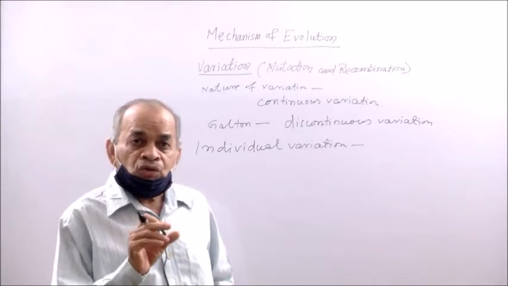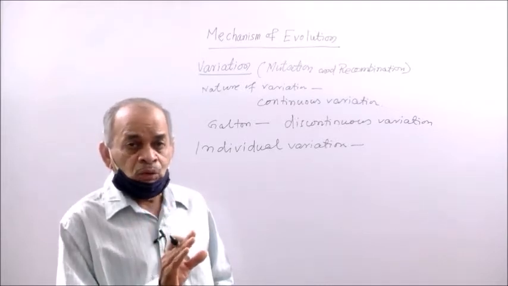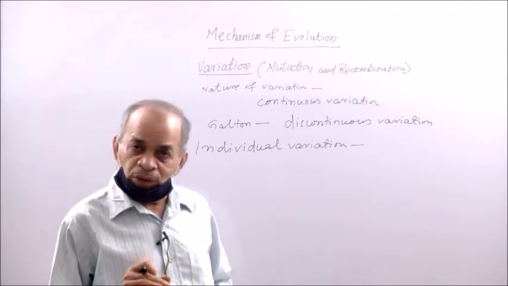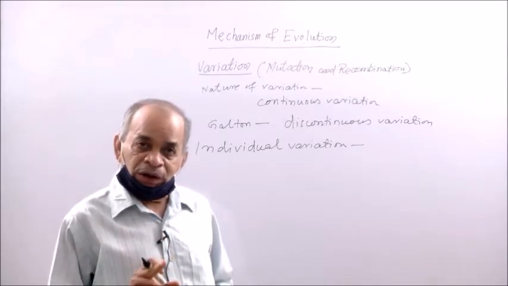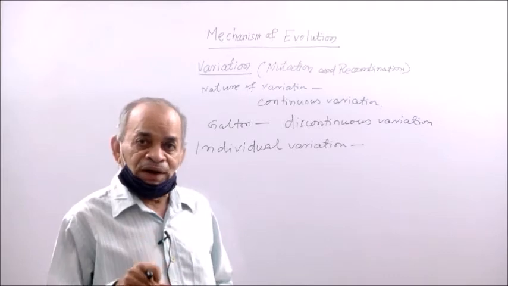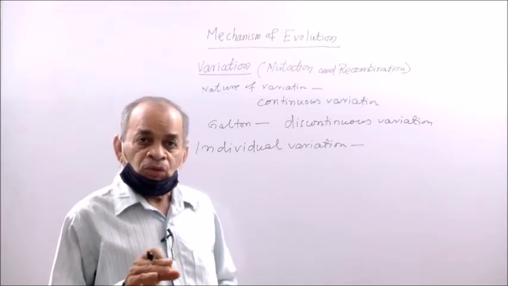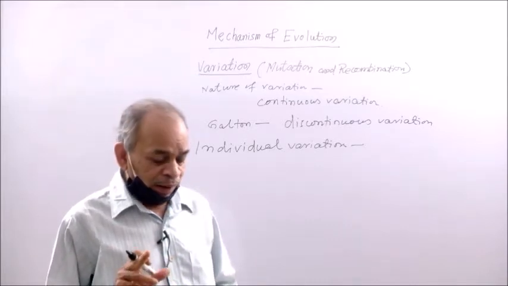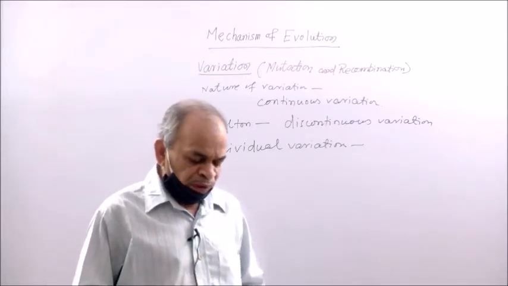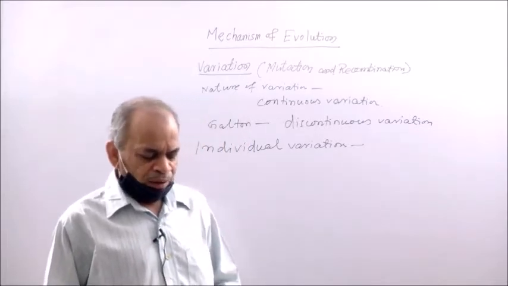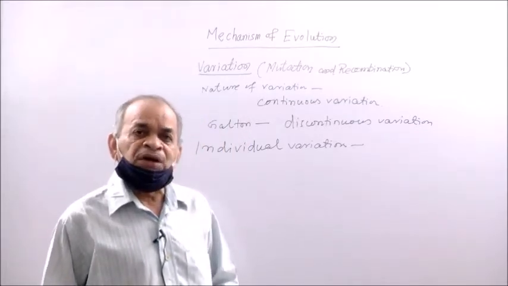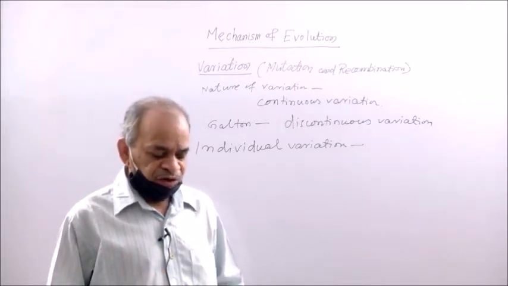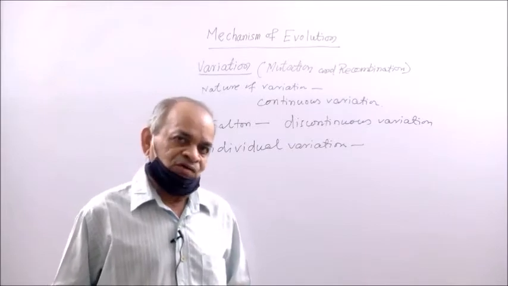If twins are formed from one zygote, they are known as monozygotic twins and they are identical. One is the Xerox copy of the other. Except that, no two individuals are exactly alike. These genetic differences are expressed as phenotypic variations.